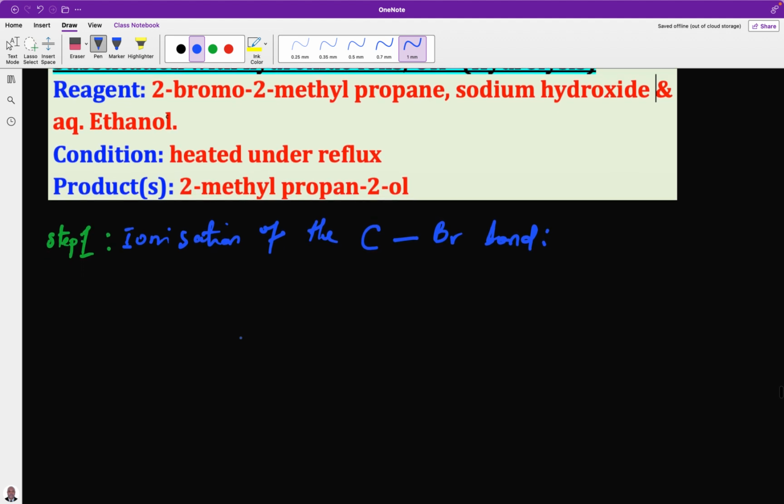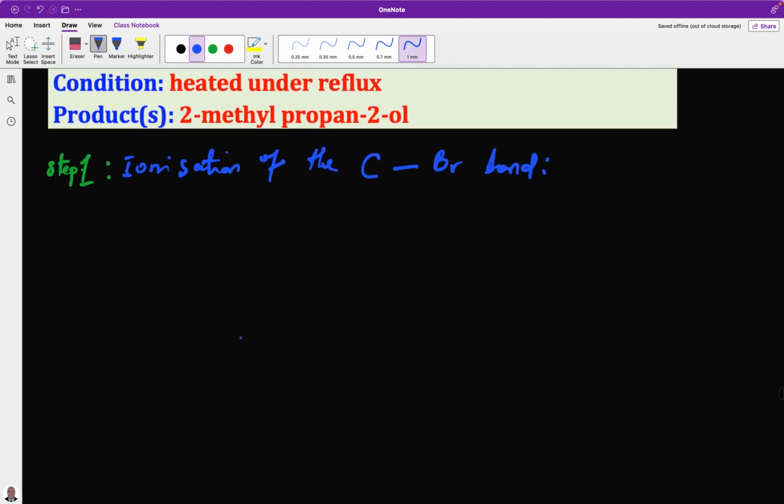How does the ionization of the carbon-bromine bond occur? Let me draw the structure, and you see how it goes.